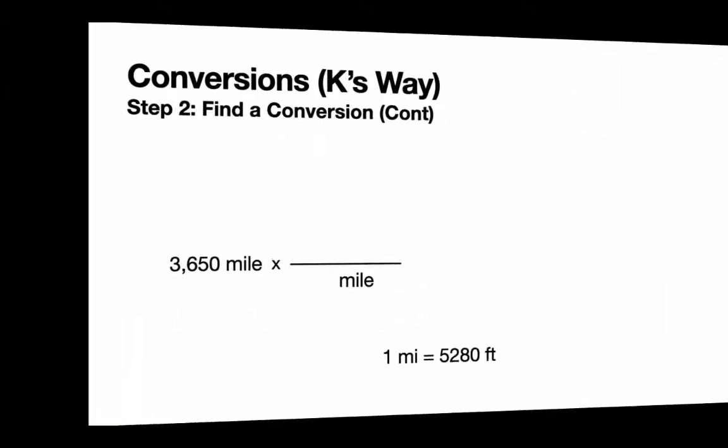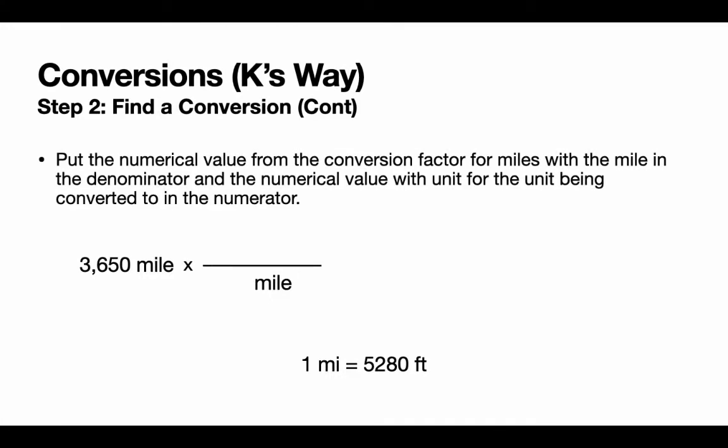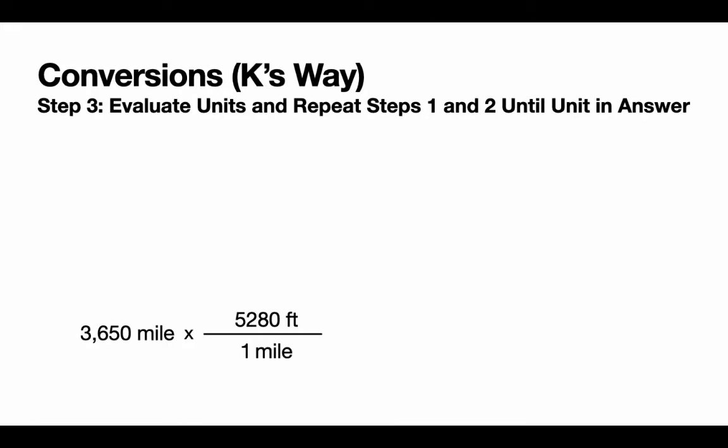So we're going to take that and we're going to put the numerical value for 1 mile, because that's our conversion, on the bottom, and then we're going to put the 5,280 feet on the top. Now the problem with this is that if we stopped at this point, we would have the unit of feet, but we want to have the unit of meters.